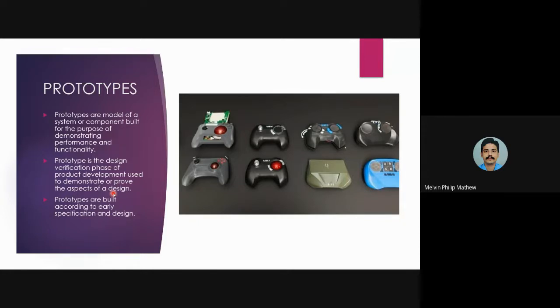In the product development process, first we identify the problem we have to solve. Various problems are collected, and then we design a product based on the function it has to perform. For that function, we build a prototype, and that prototype will determine if the function is being solved.